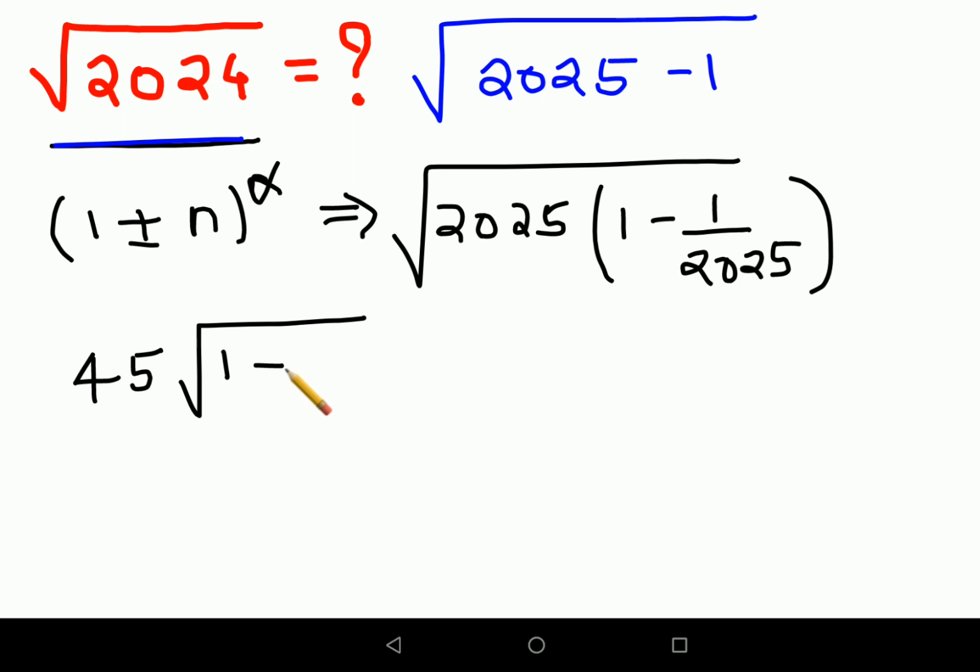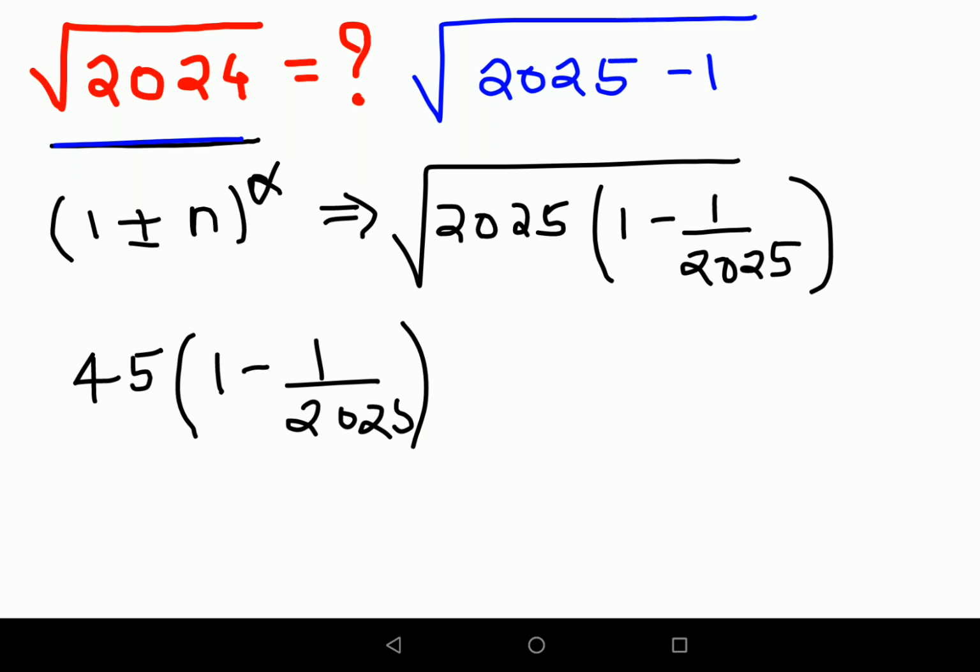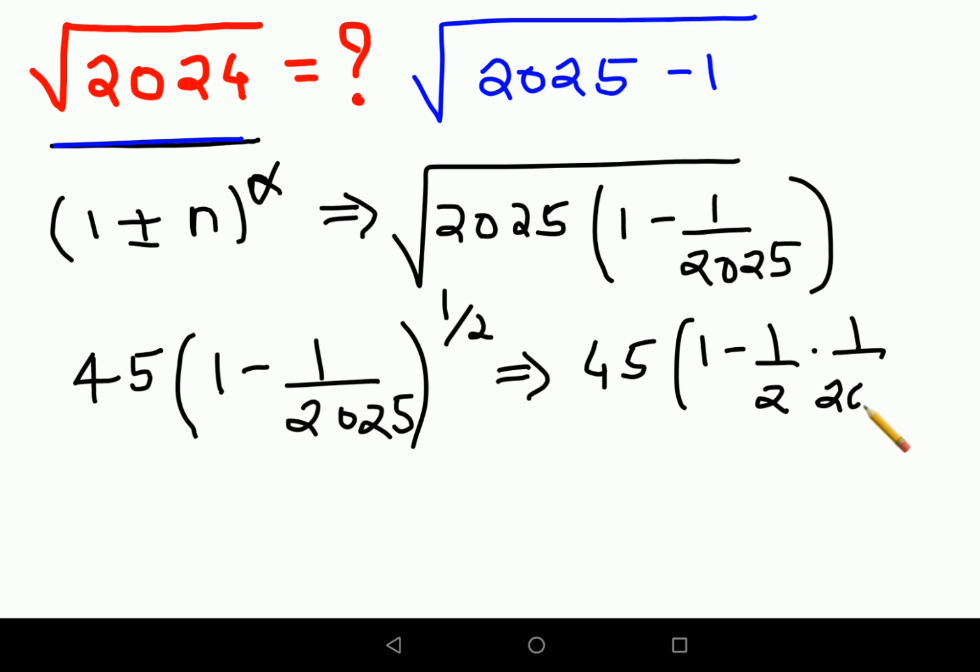I am still left with 1 minus, sorry, I'll just remove the root. Instead of the root, I will write it in the form of an index: 1 minus 1 upon 2025, the whole raised to half. So this can now be written as 45 into (1 minus 1 upon 2 into 1 upon 2025).